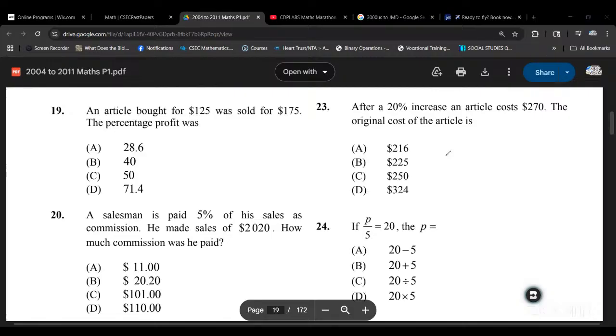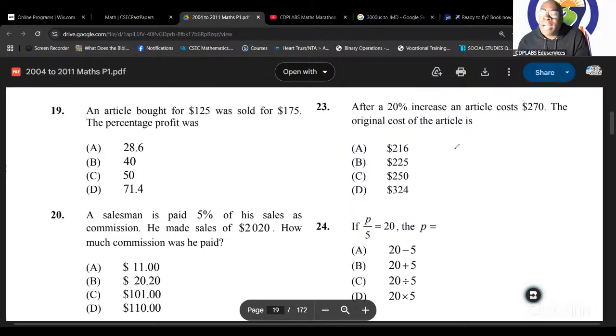Good. So I would add 20% to 100%. That's the first thing I would do, and I'm going to end up with 120%.